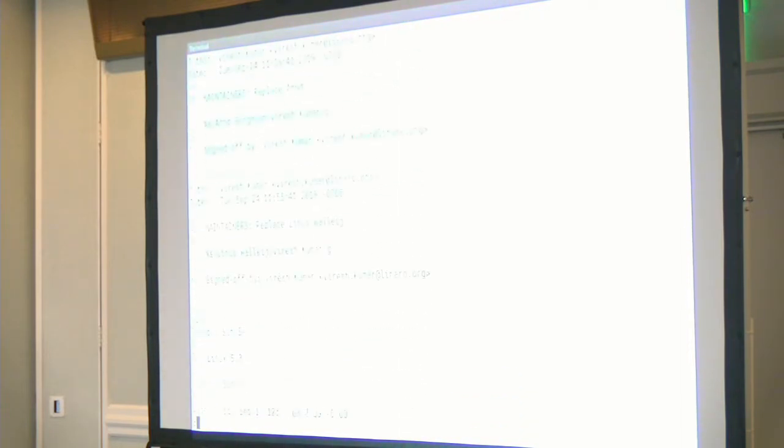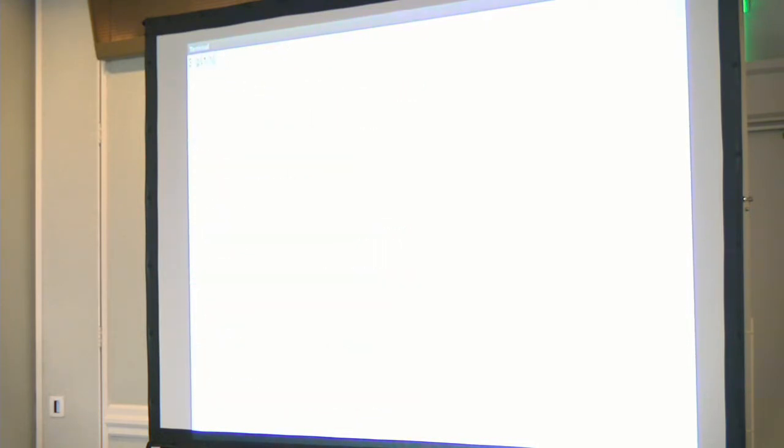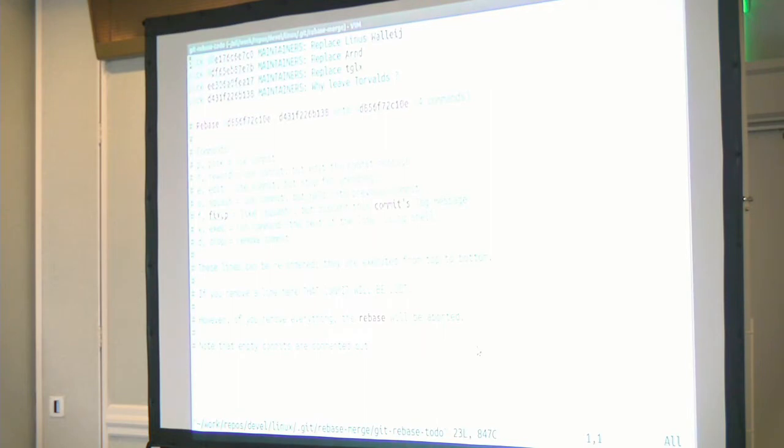So I'm based off 5.3 for simplicity right now. Here are all the patches. What normally people will do is mark all of them edit, and then try to fix all of them one by one.